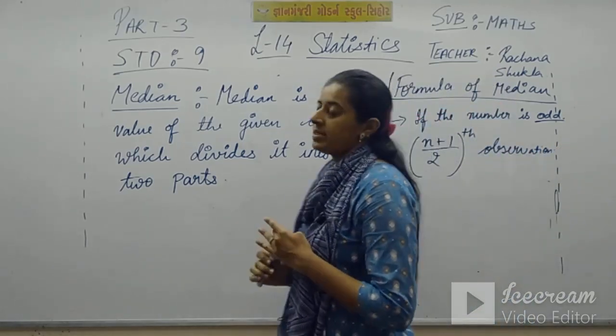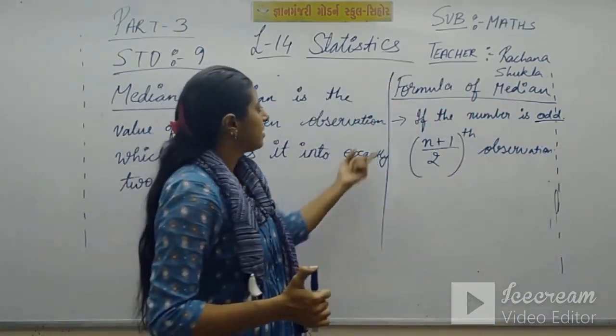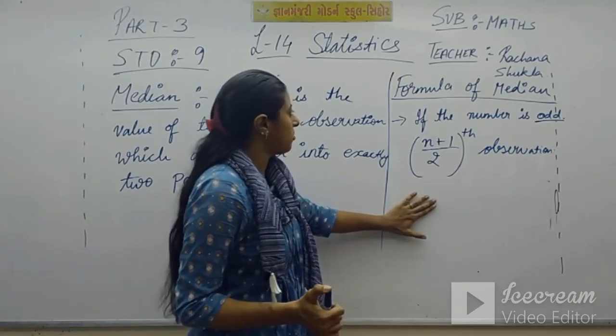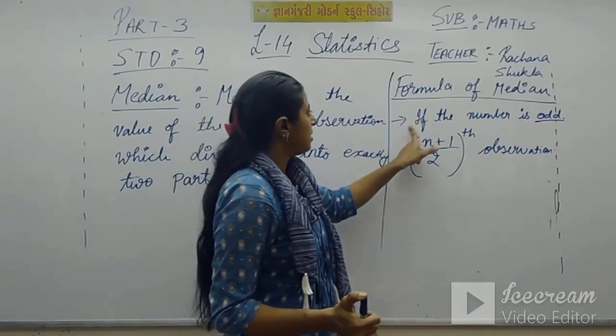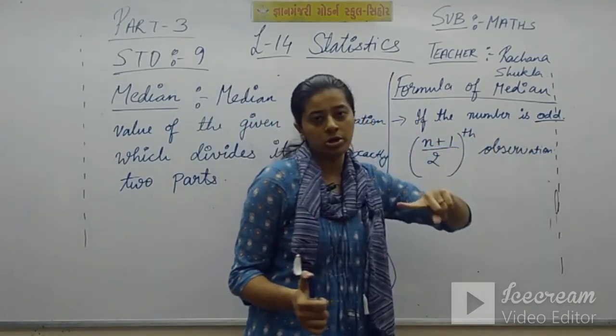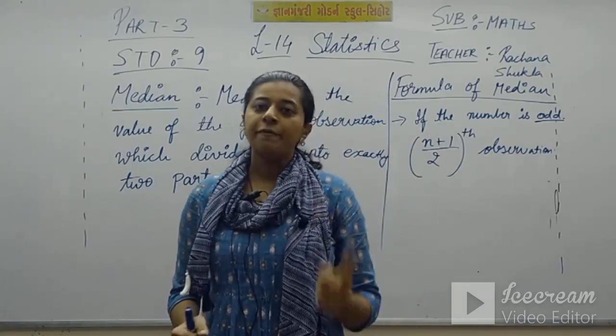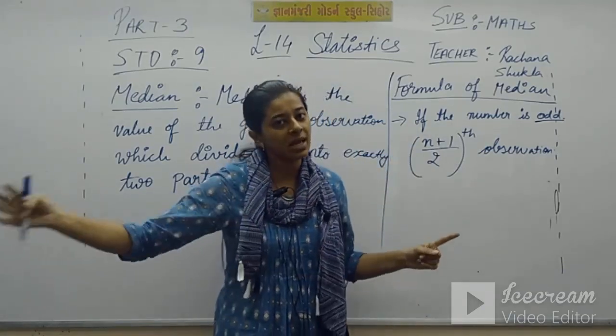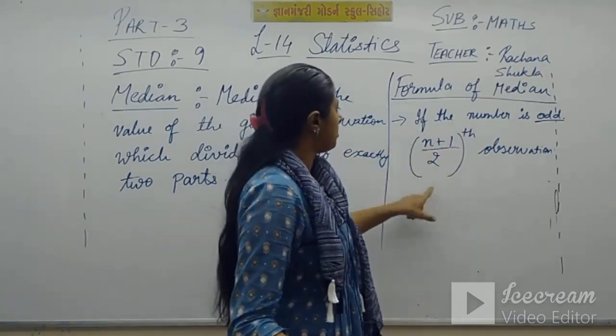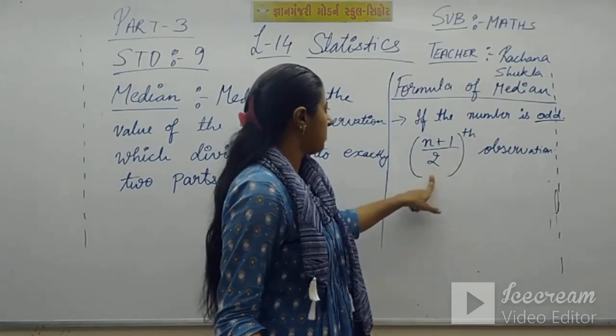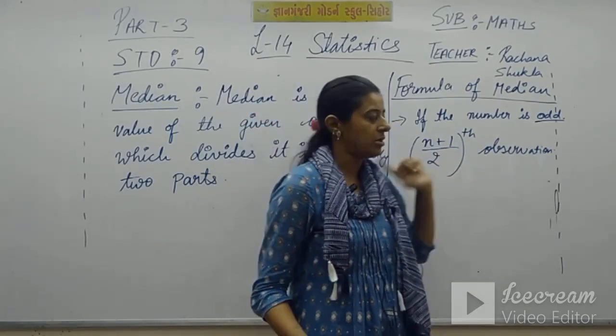Now what is this? I will teach you in a sum. First note down the formula. The formula is, if the number is odd, odd means 1, 3, 5, 7, 9 and that goes on, n plus 1 upon 2 observation.